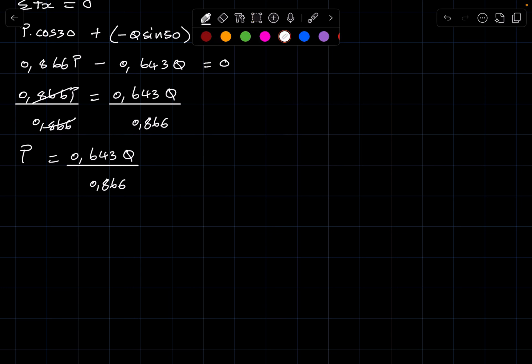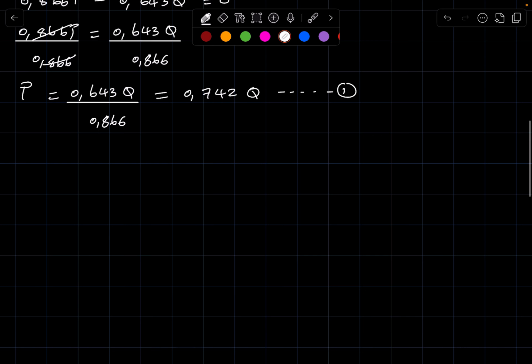If you punch this in your calculators, you're going to get 0.742 Q. So 0.643 divided by 0.866, this is what you get if you round up to 3 decimal places. And this becomes our first equation.